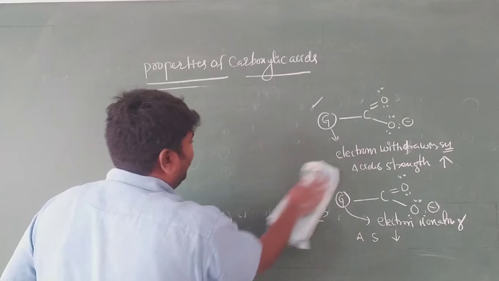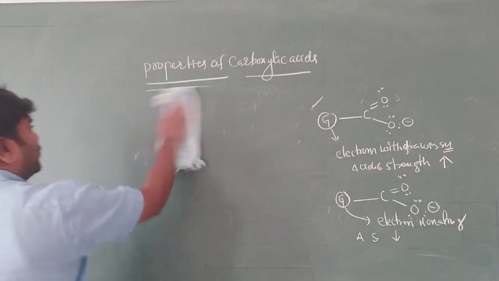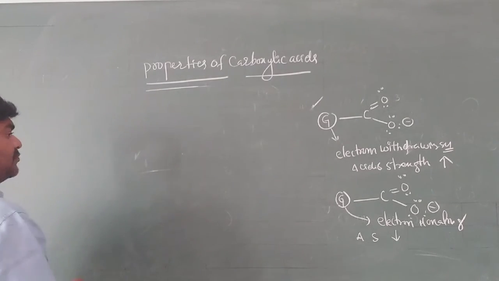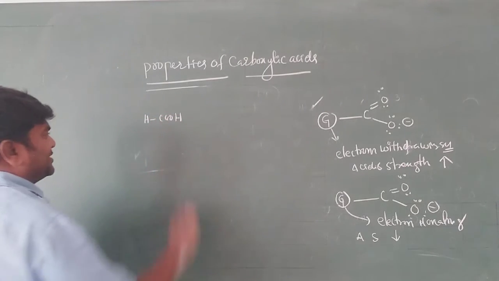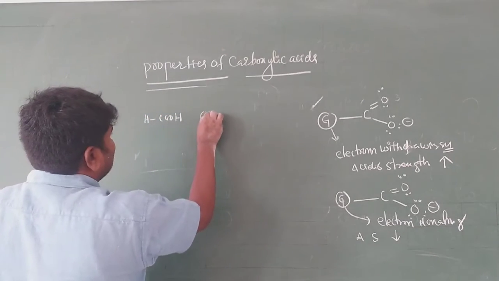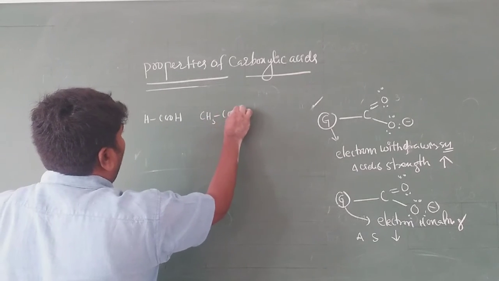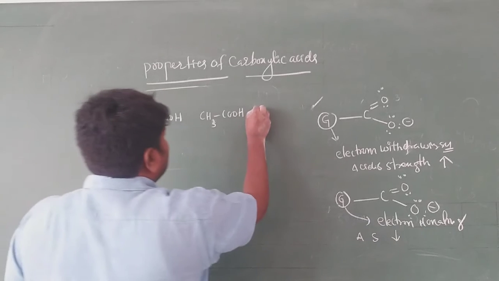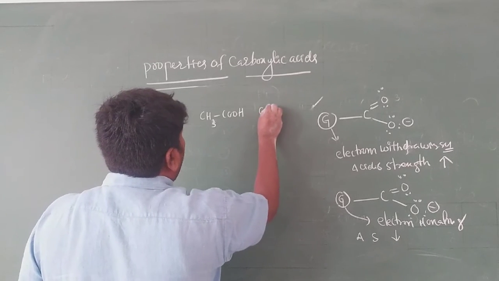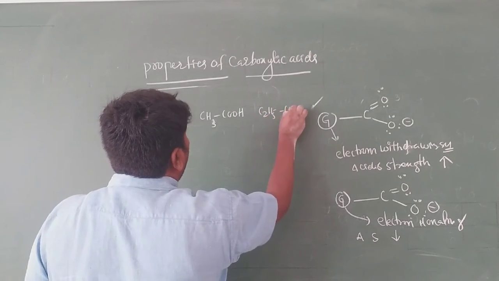Suppose I'll give one example, my dear students. HCOOH, formic acid. Next one, CH3COOH. Next one, C2H5COOH.